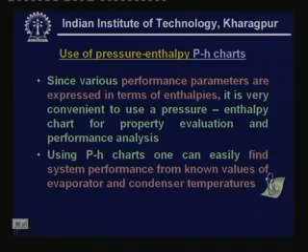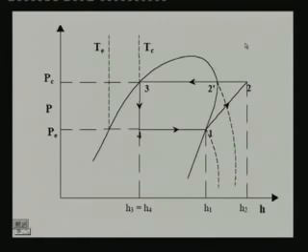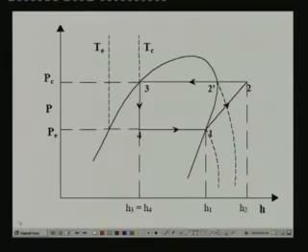Let me show this pH chart. This is a typical pH chart. Here the x-axis is enthalpy and the y-axis is pressure. Normally the pressure is drawn on a semi-log plot so that at the lower temperatures the plot opens up. Generally pressure is on a log scale, whereas enthalpy is on a linear scale. This is ln P versus enthalpy, and this is the vapor dome.